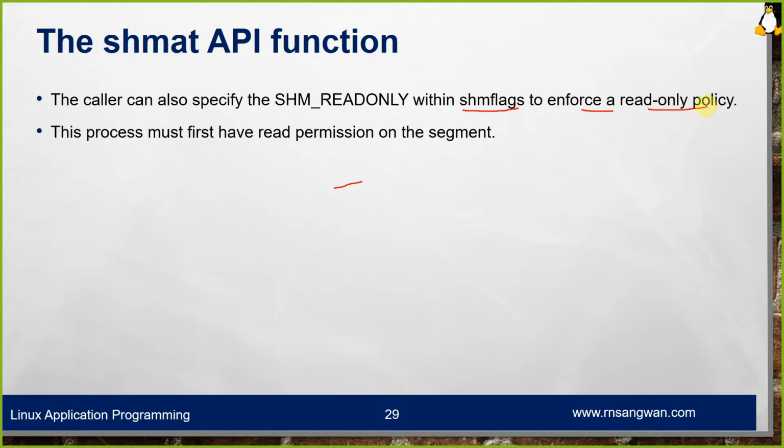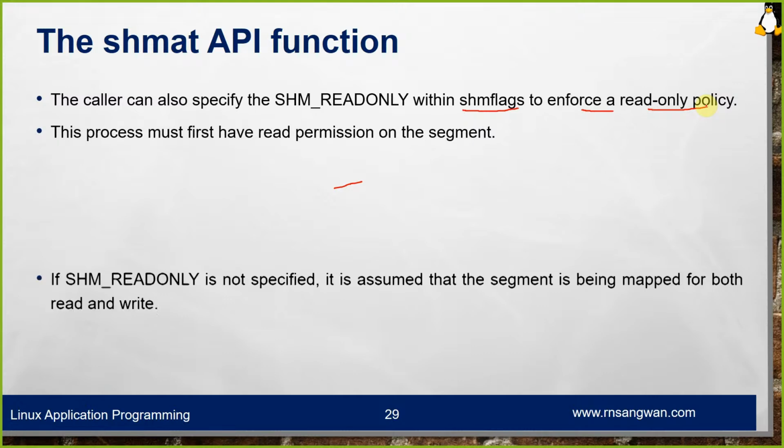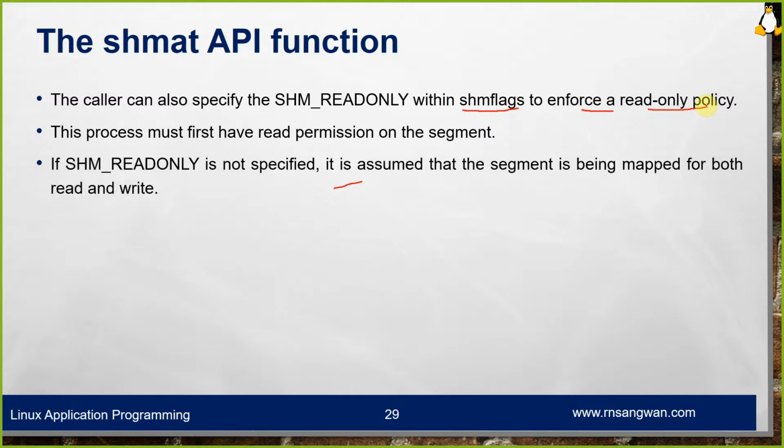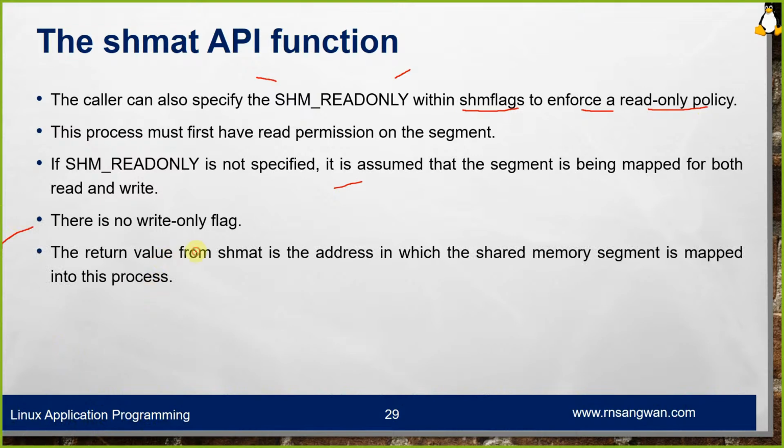This process must have read permission on the segment. If SHM_RDONLY is not specified, it is assumed that the segment is being mapped for both read and write, and there is no write-only flag. The return value from shmat is the address at which the shared memory segment is mapped into the process.